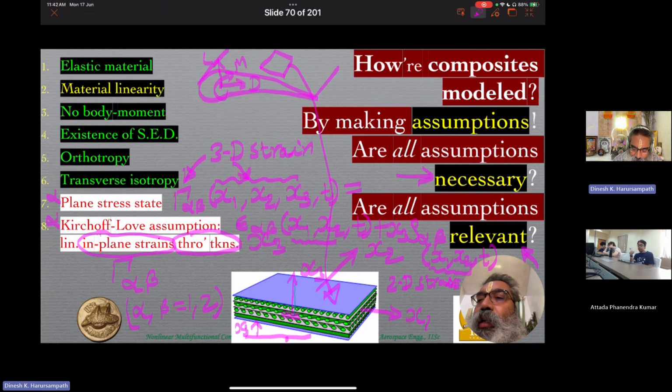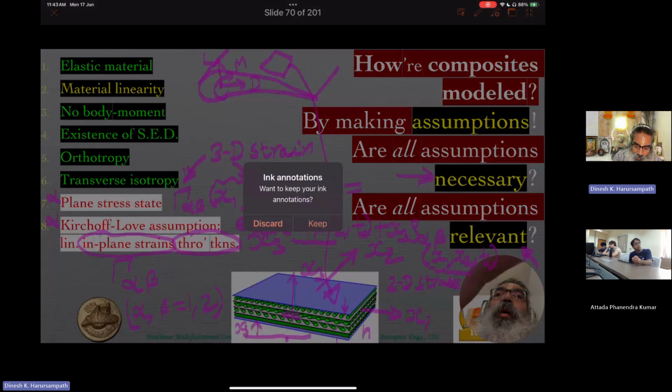So your x3 will start at some positive value, and then it will go on to that positive value plus h, which is the total thickness of this laminate. So that freedom we have depending upon the particular problem, the kind of inputs we have, the kind of outputs we are looking at.